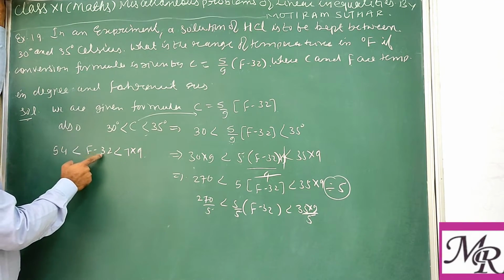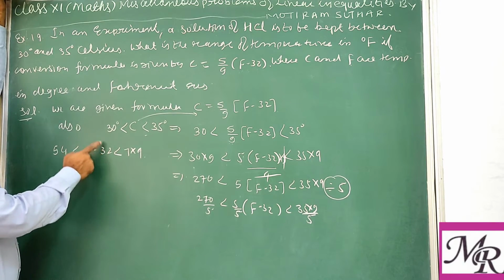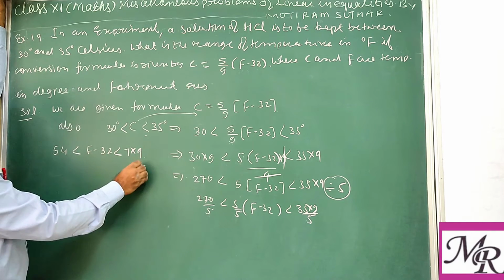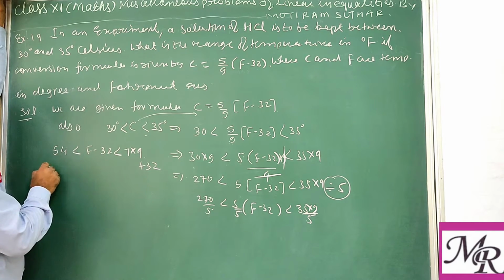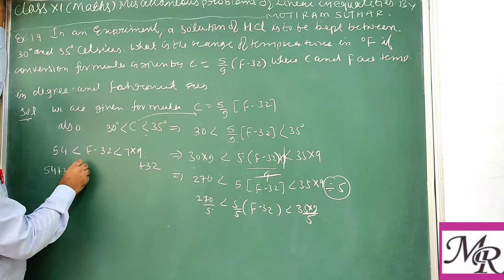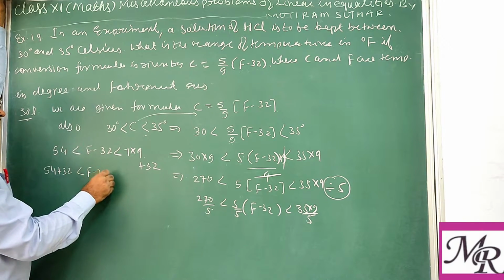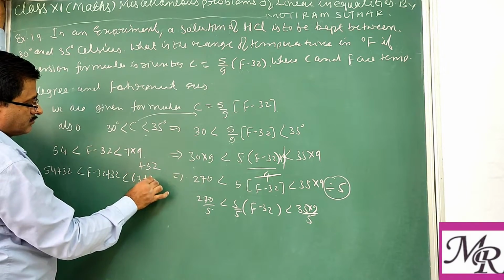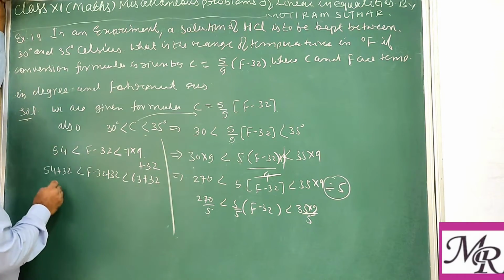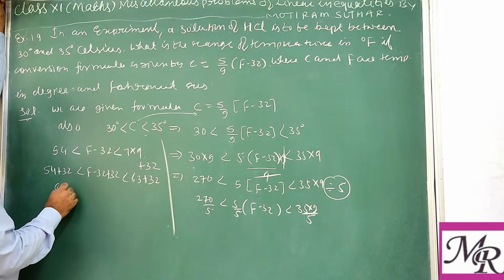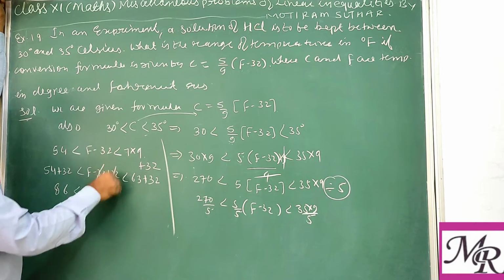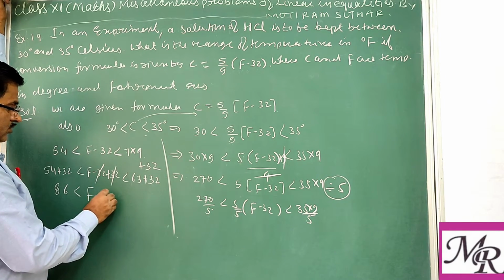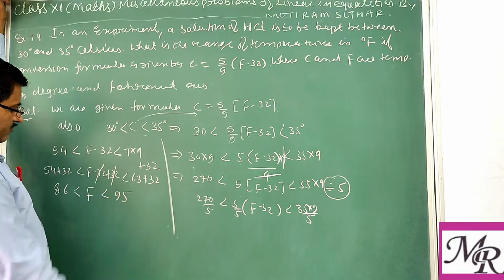Now we have to remove this minus 32 because we need only F. So add 32 throughout. So 54 plus 32 minus 32 plus 32, and this is 86. The minus and plus cancel out. So 63 plus 32, that is 95.